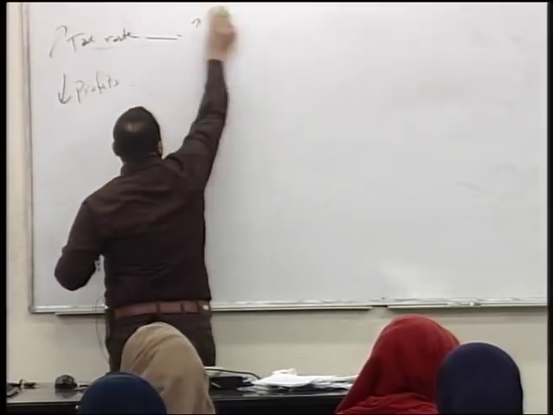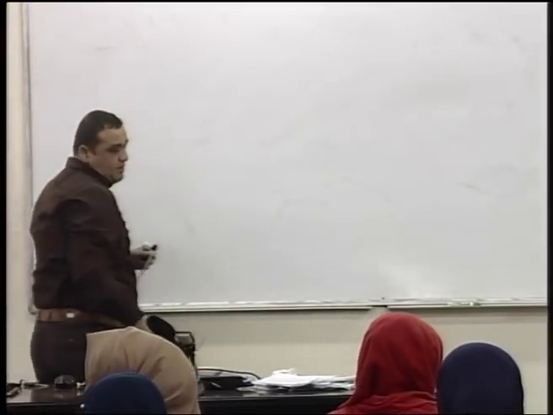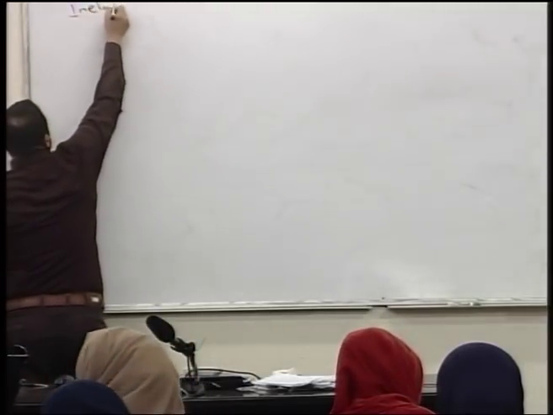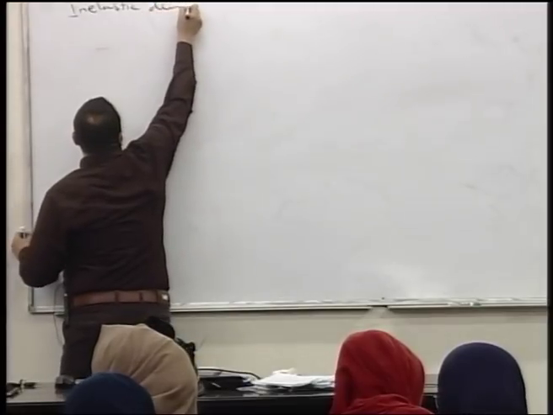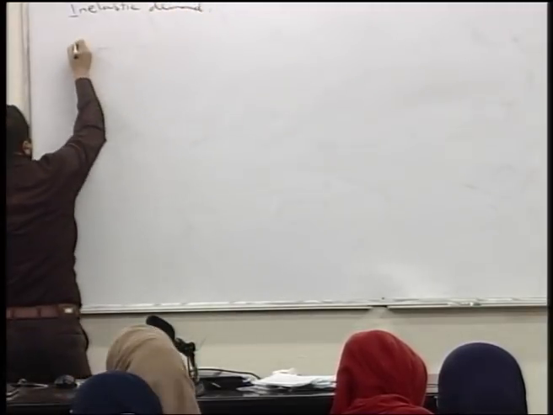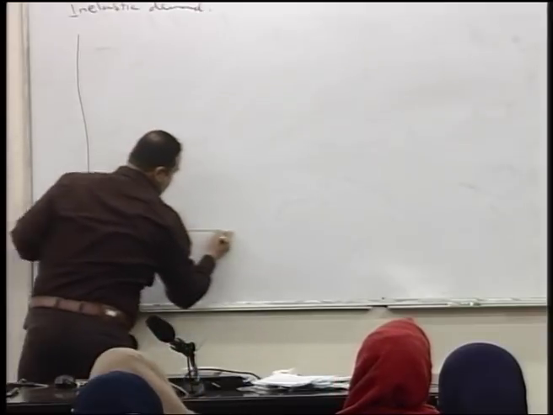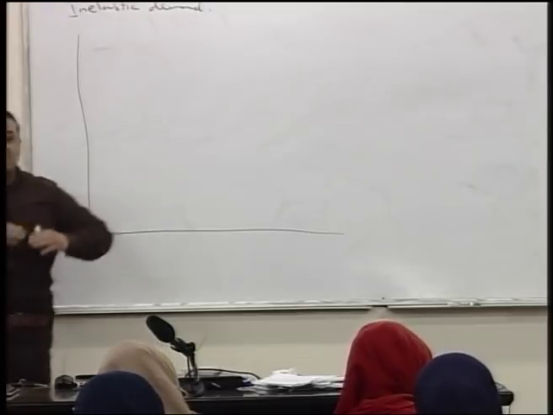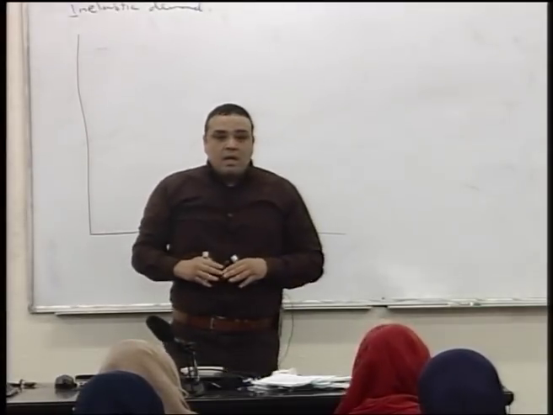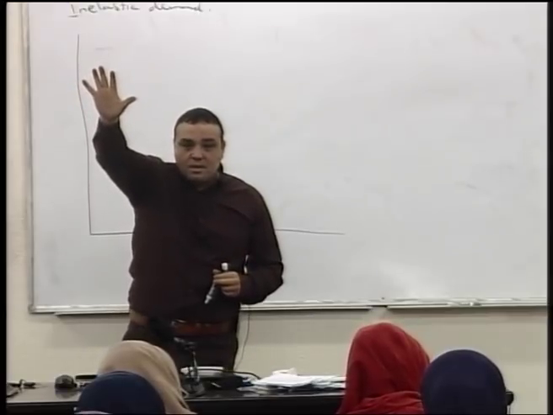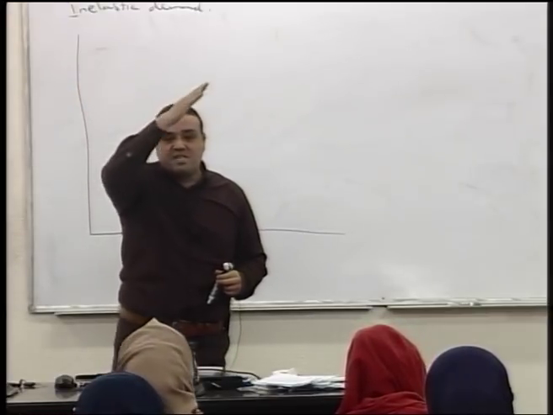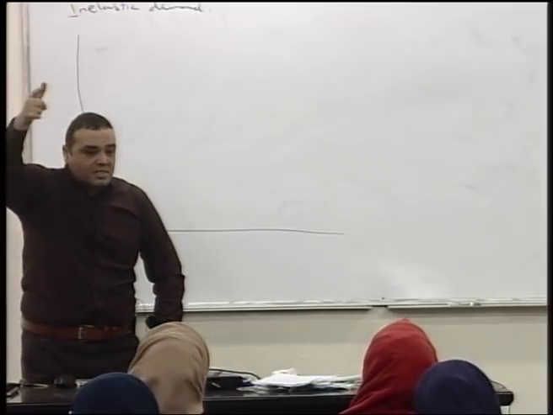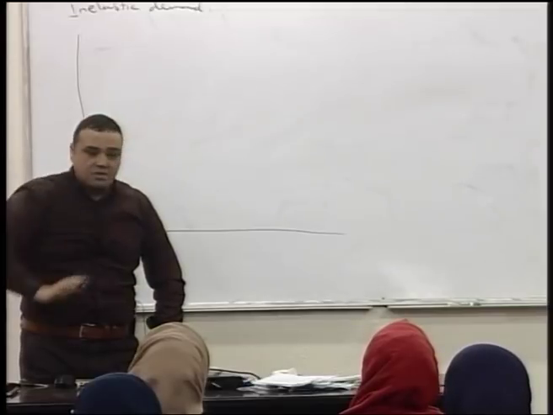Number 1, when demand is inelastic and supply is neutral. I will deal with the supply curve as neutral, at a 45 degree angle. Each time I make demand inelastic, elastic, perfectly elastic, perfectly inelastic, and unitary.